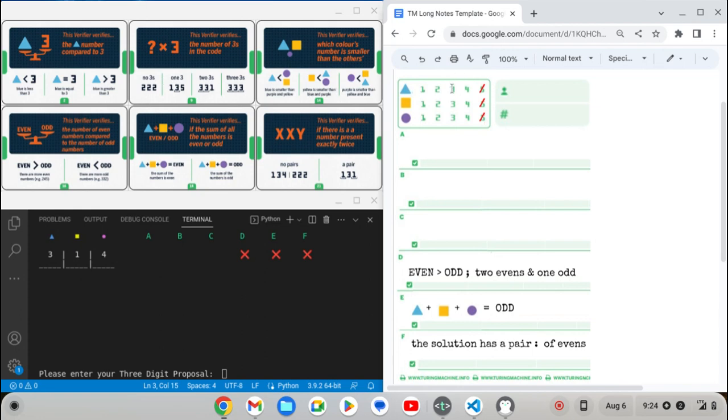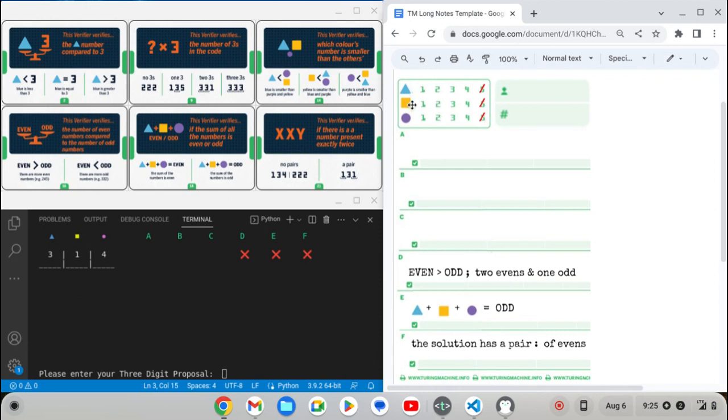So if there is no 3, I don't think triangle could be 1. Because if triangle were 1, then how would you choose your evens for square and circle? There's nothing in here that kind of would tell you what they are.